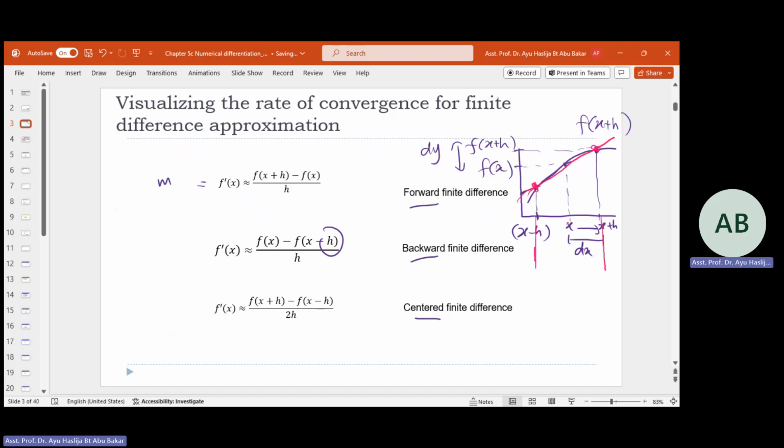Remember, our original point is the x over here. So now it involves 2h. Here is 1h, 1h. So for centered, it involves 2h. That's why you see over here, divide by 2h, meaning that f(x plus h) minus f(x minus h). So for differentiation, we have forward, backward, and centered. This is the first derivative equation.